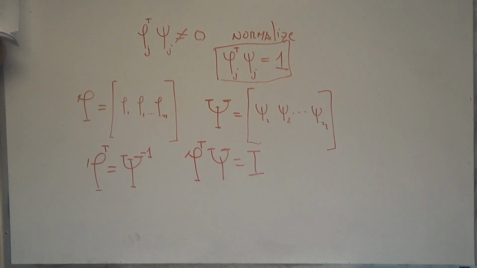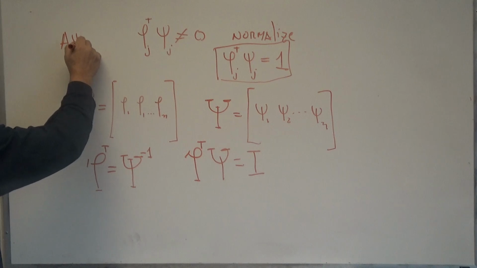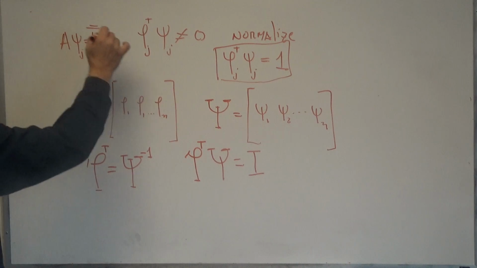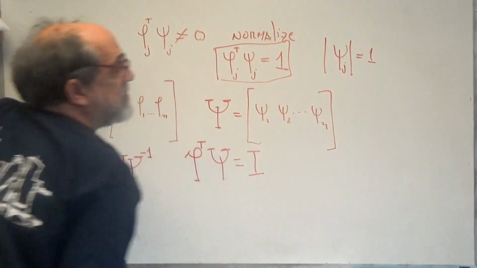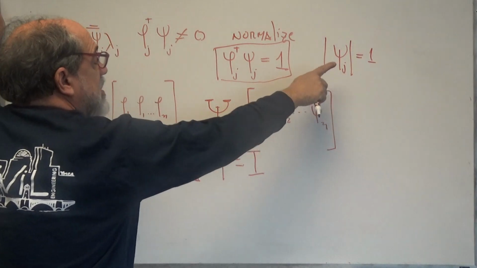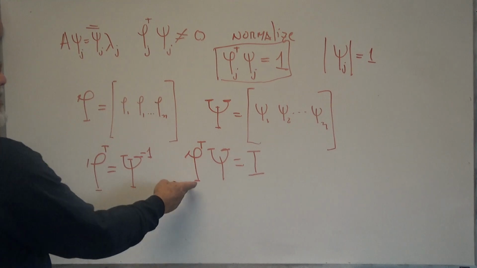Now, at this point, it's important to recognize one thing. The right side eigenvectors, or the left, it doesn't really matter, can be normalized arbitrarily, right? For example, I can have A times phi j is phi j lambda j, right? And I could decide to normalize that the norm of phi j is 1. That's fine, right? We could do that. But notice that once you say this, you cannot say that the norm of the left side eigenvectors is also 1, and at the same time say that this is true.